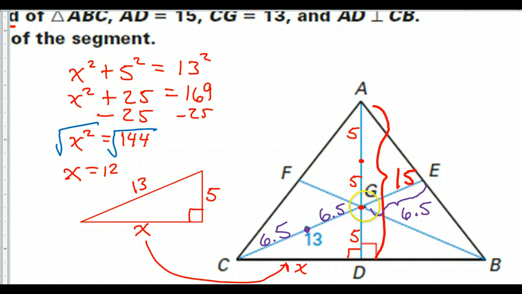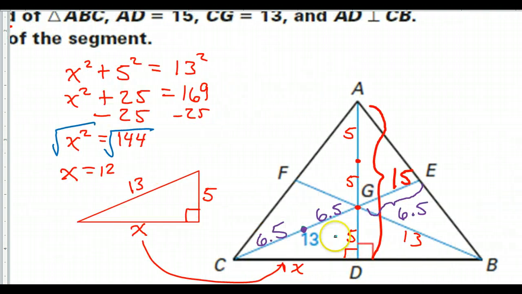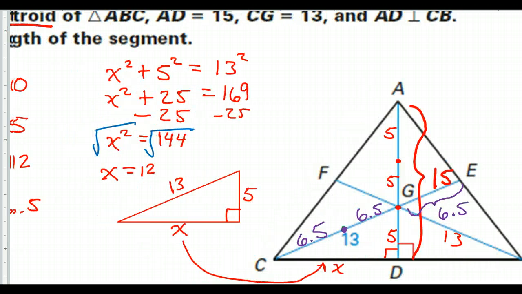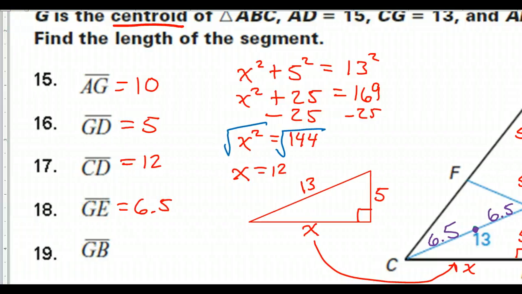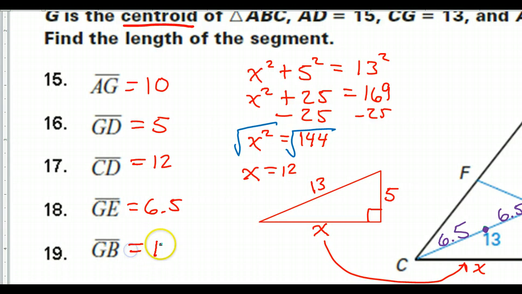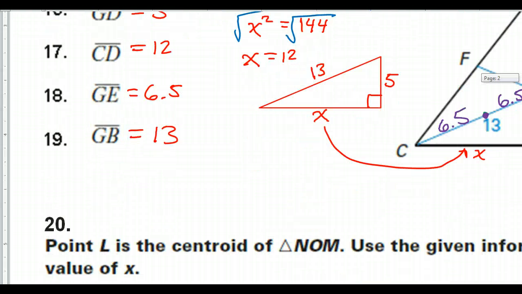So I'm betting that GB is going to be 13, just like this side. Okay, so GB is 13. Alright, symmetric. The left side is 13, the right side is going to be 13, with it being perpendicular and all. Okay, that is how you do these problems.